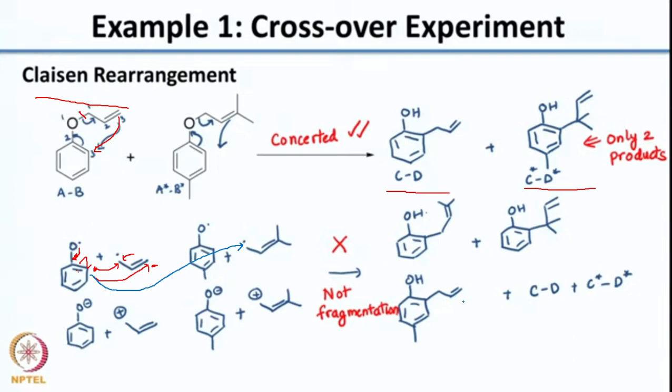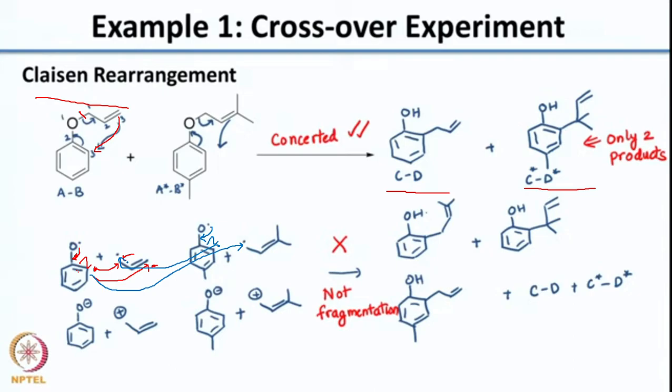And in the same way here also this will undergo this way radical, then here the radical generated will attack on this radical to give the other crossover product.